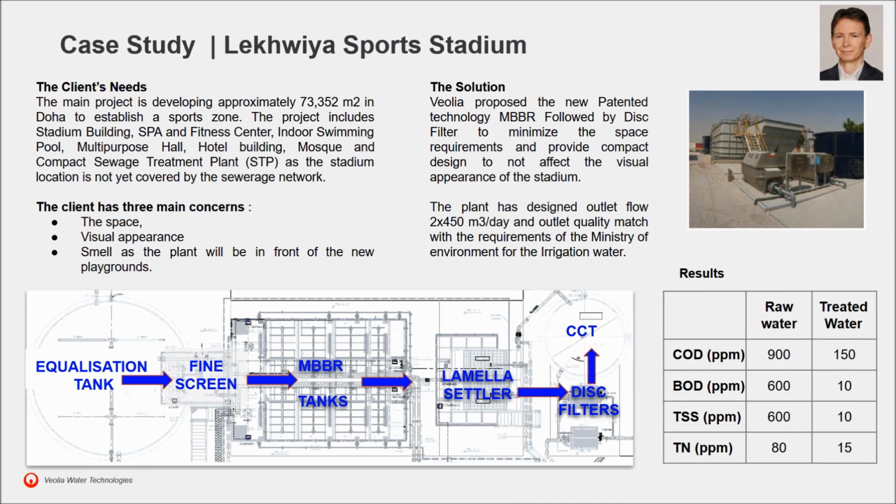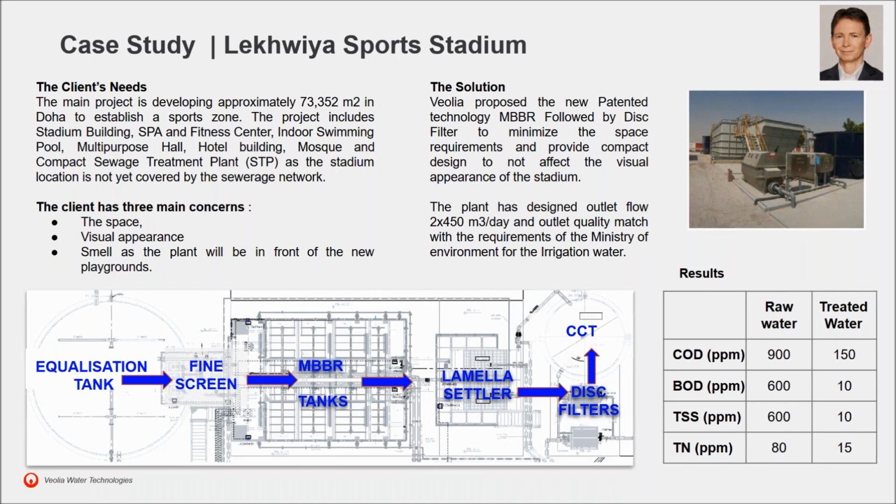It needed a dedicated STP as this area was not connected to the sewerage network. The client had 3 main concerns, which are the space, the visual impact as the plant is next to the new playgrounds, and odor. The solution proposed consisted of MBBR and disc filter, which are both compact and have minimum visual impact.